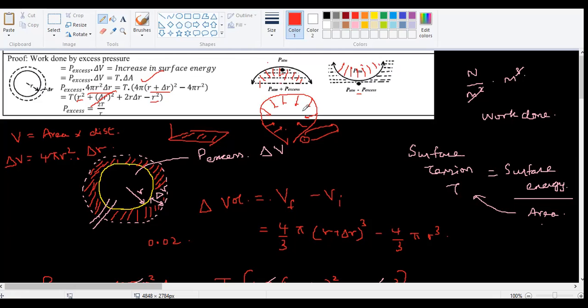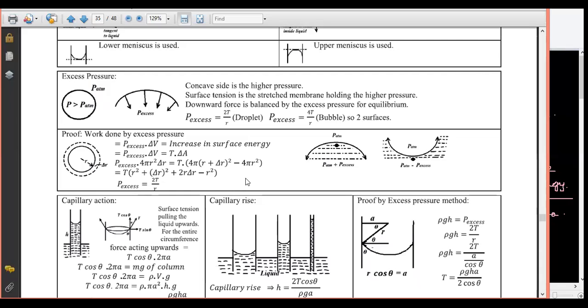Only then will there be a balance, equal and opposite force. And as we talked about earlier, when it comes to a bubble, like with two surfaces, then it will be 4T by R. Why? Because it will be 2T into 2, because of two surfaces. So it will become 4T by R.